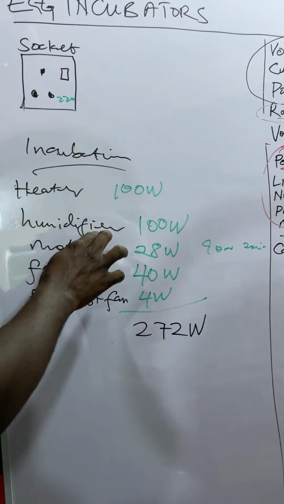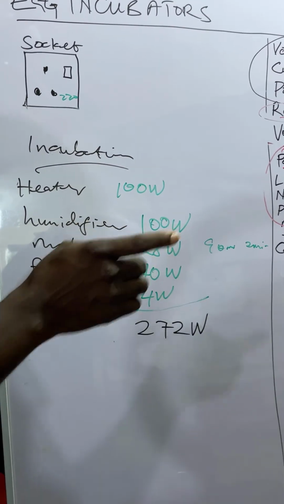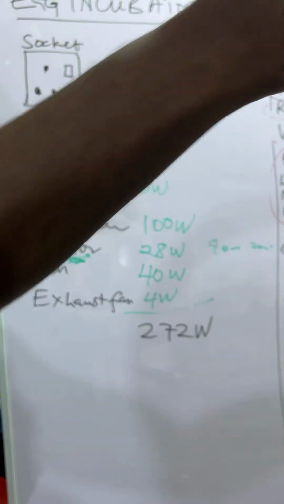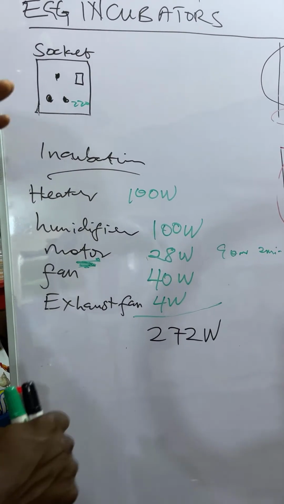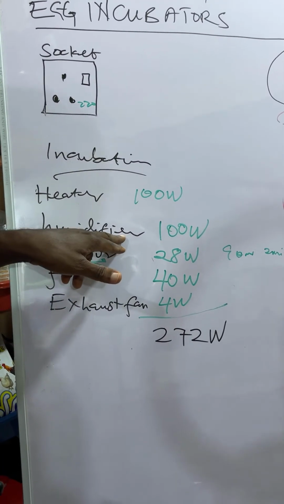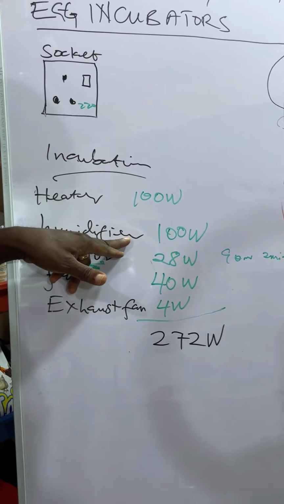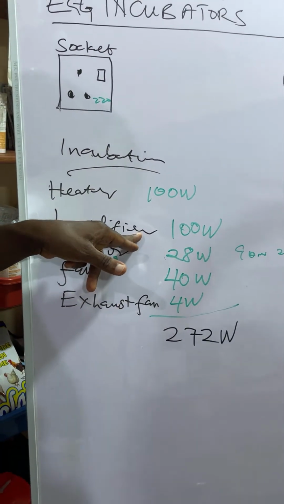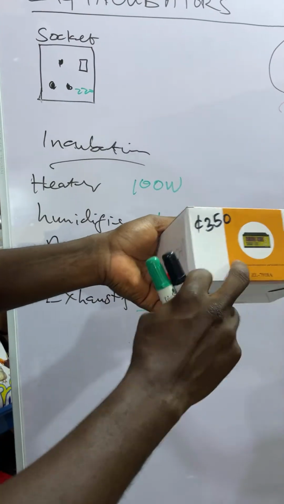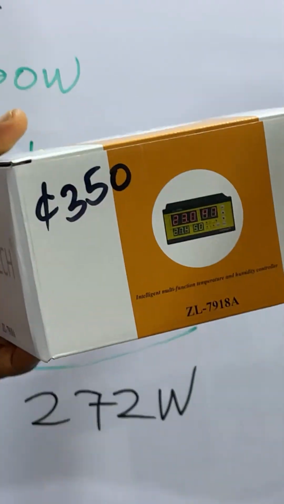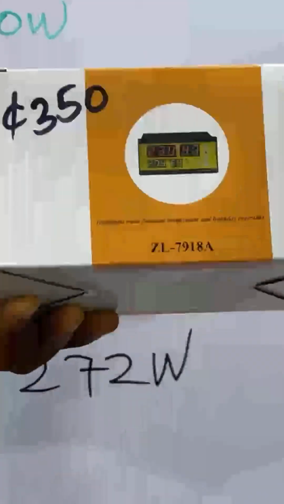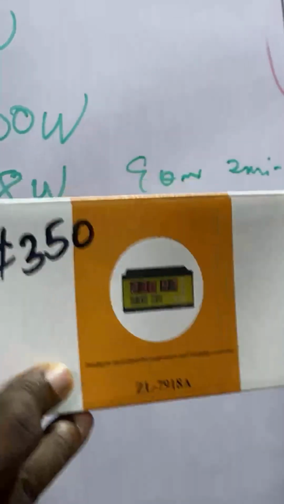So it is the controller, the yellow one, that will tell the humidifier that it's time to come and work a little. This is a very powerful controller, and this is the best price in Ghana, only at Mykit shop.